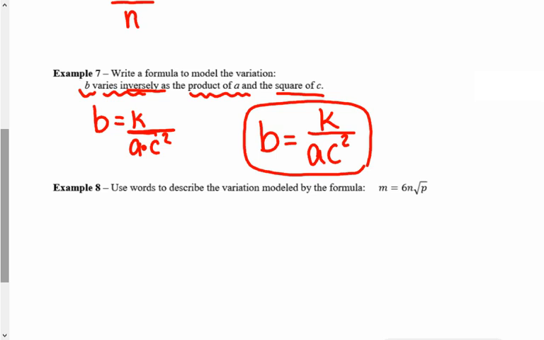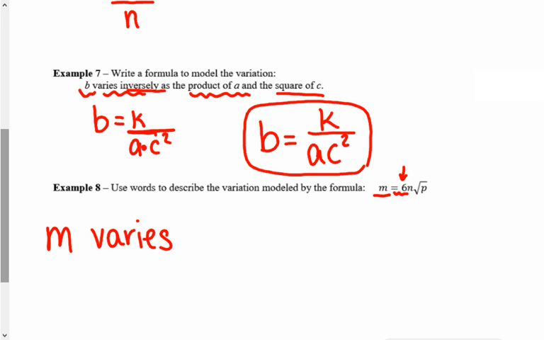In example 8, it says use words to describe the variation modeled. So in this one, you're reading the formula and writing down what you have. M, so I'm just going to write M. Whenever I say equals, now generally this said equals K, but in this case my constant is 6. Okay, so I'm going to say M varies. I don't need to do anything with the 6. That's the constant of variation, which I don't usually state in my model.